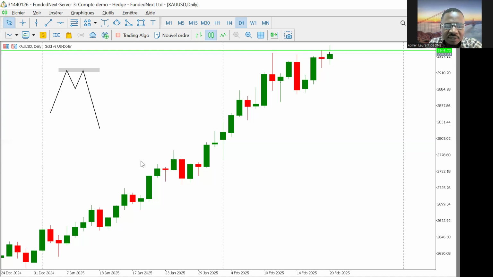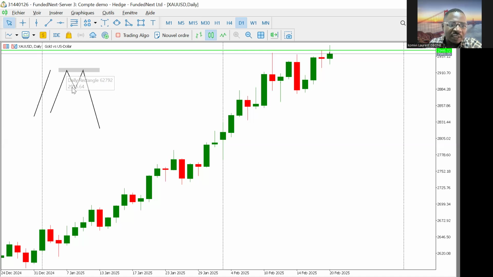The M pattern forms when the price rises, pulls back, rises again to a similar level, and then drops. First the price rises up like this, then pulls back.